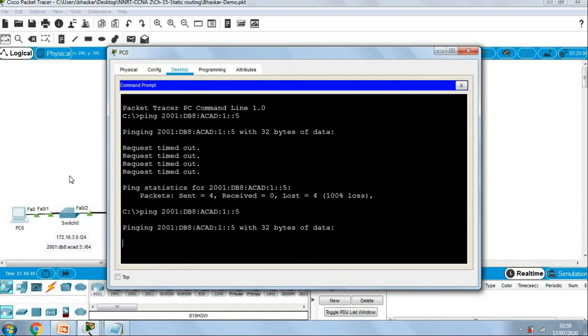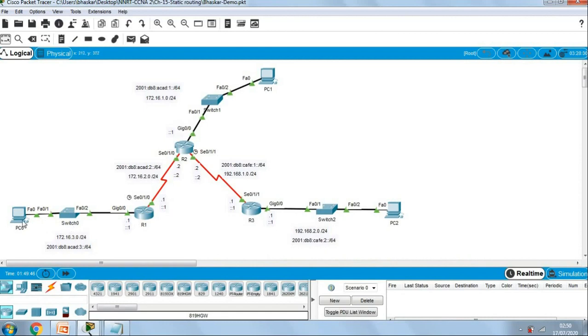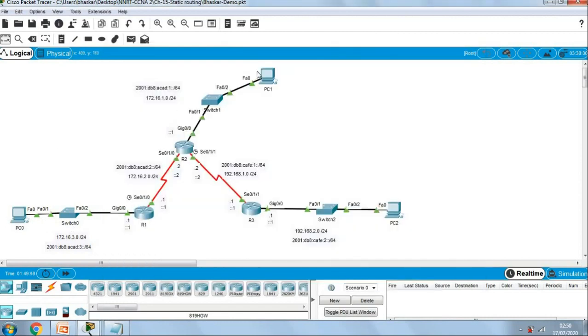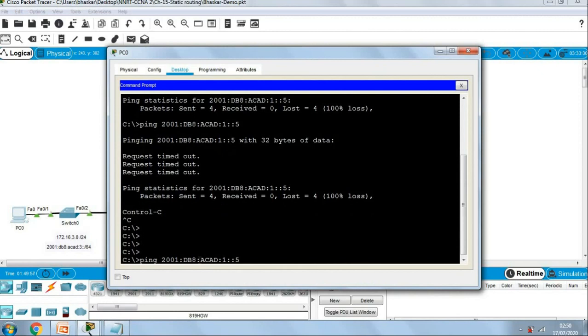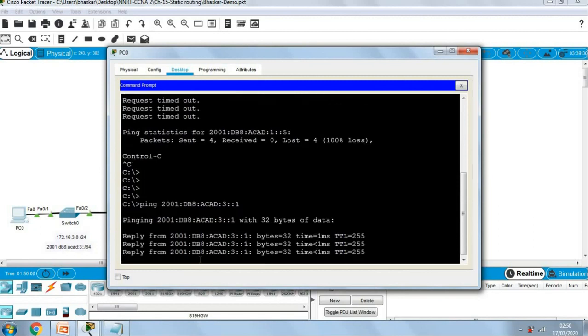For example, you can test here. It is working.